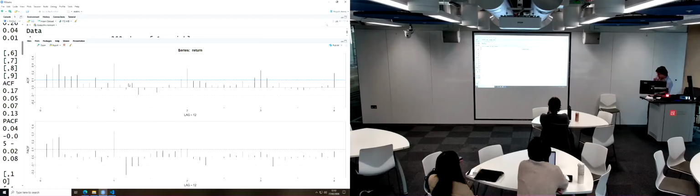Monthly data usually have a seasonality equal to 12, and this shows. At all yearly lags, it sticks out. So this is a practical sign that there's seasonality.